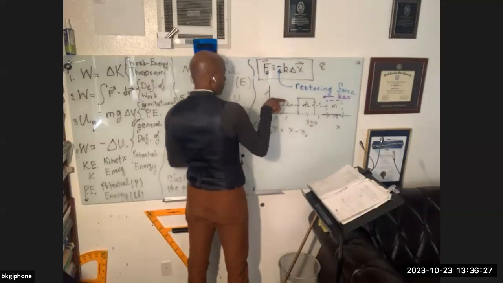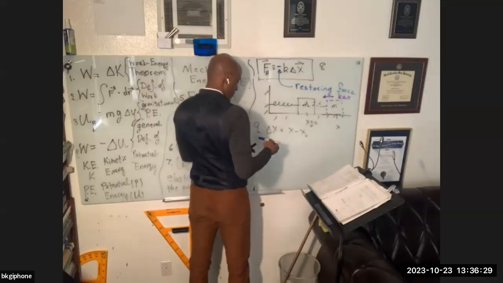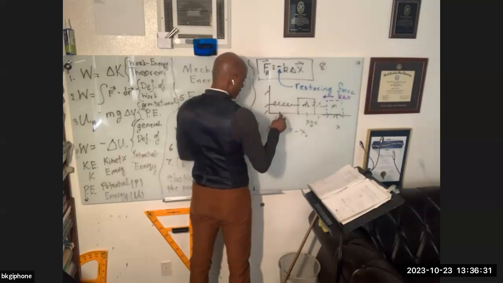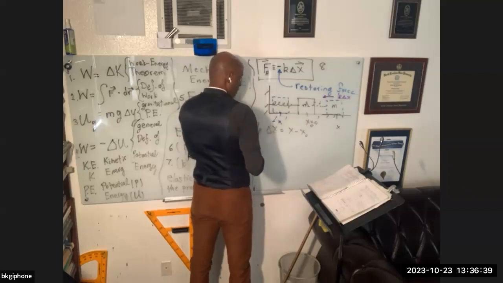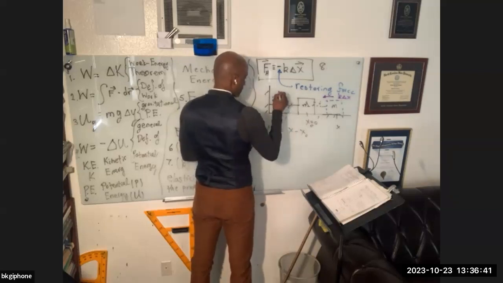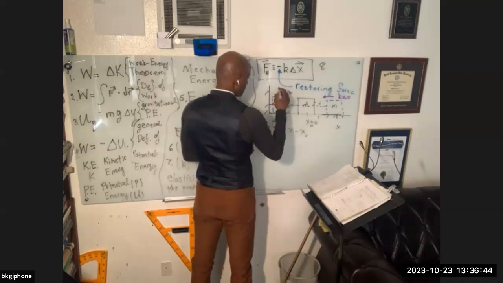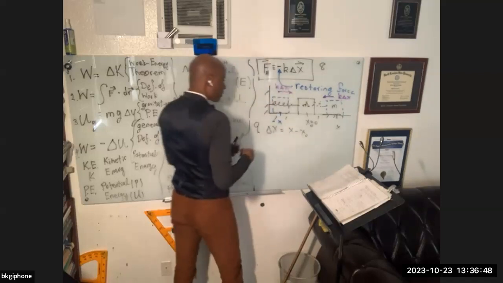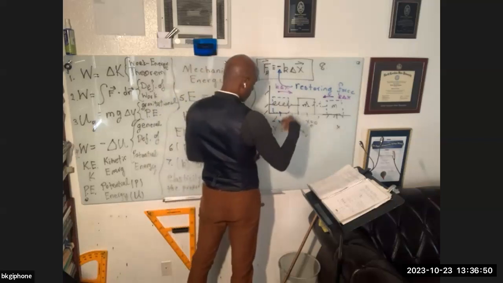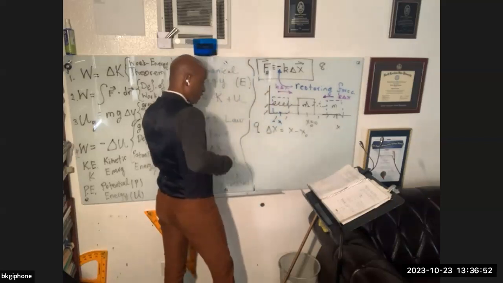So over here then, when I'm at negative x, let's say, the object will be here, and the restoring force, again dealing with just the magnitude, will be the same magnitude but in the opposite direction. And that denotes half a cycle.